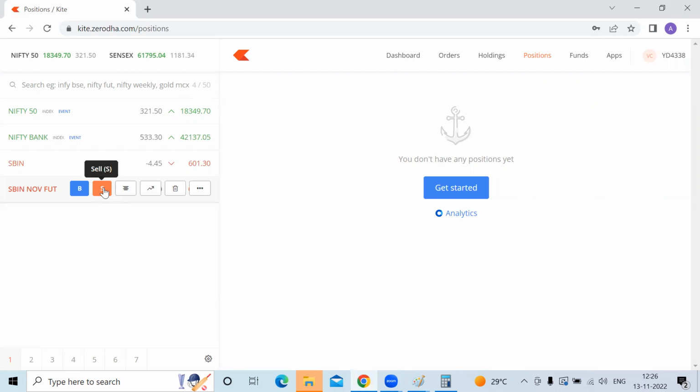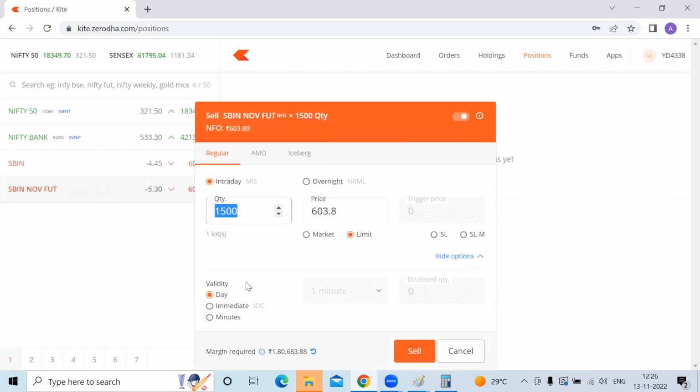If you sell the SBI, if it goes below the current level, for each 1 rupee, you will get 1500 profit. But if after you sell the SBI future, it increases, it is loss for you.